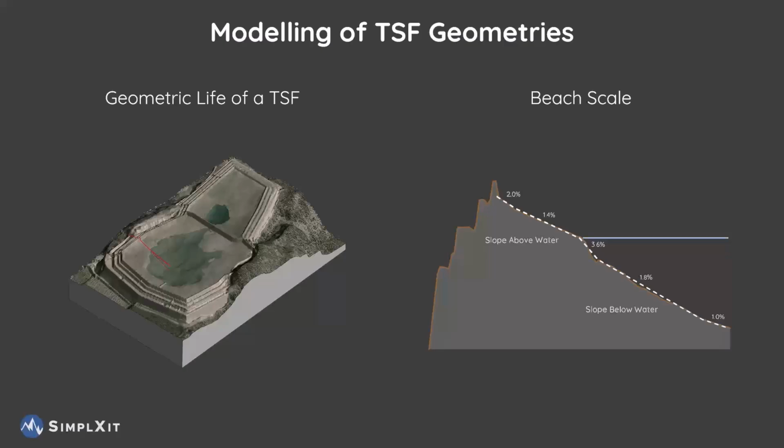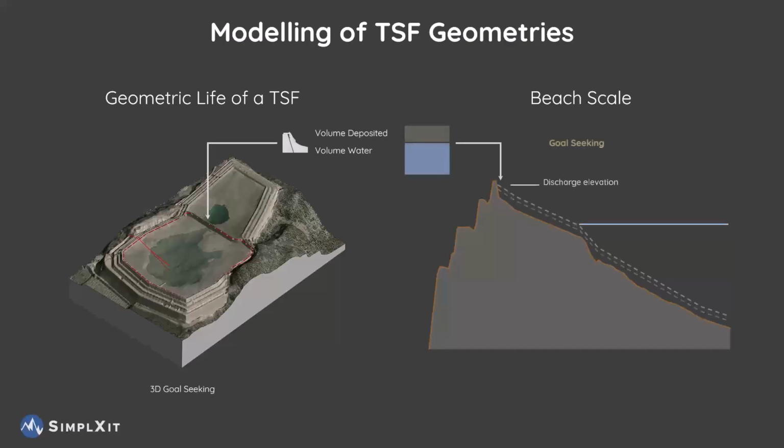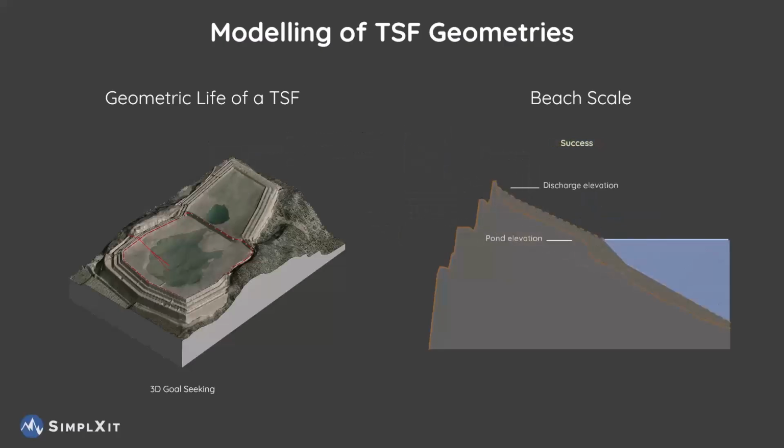The idea is that we will deposit some volume of tailings on top of it, and it will also have some water within the system. We'll estimate the volume based on the tonnage and the density. But ultimately, what we're trying to do is goal seek both the discharge elevation and the pond elevation that will have this specific slope, and then ultimately we'll be able to do this deposition.